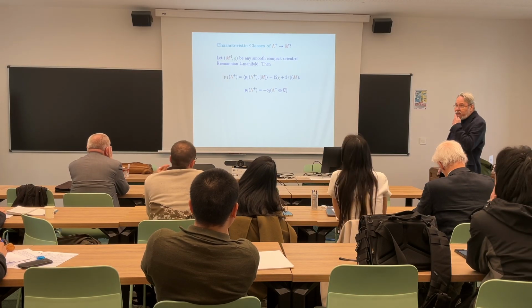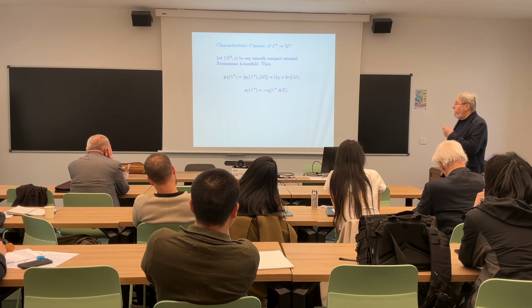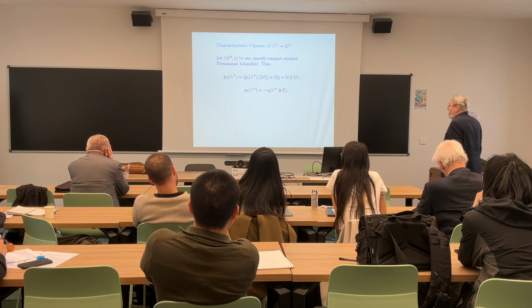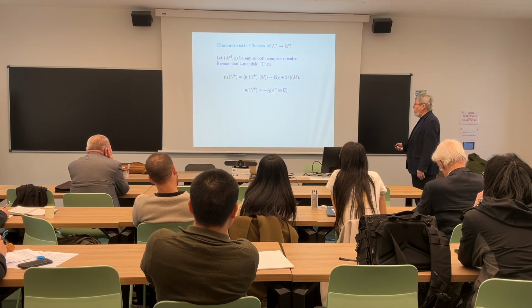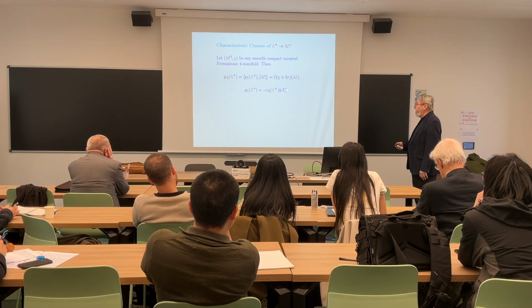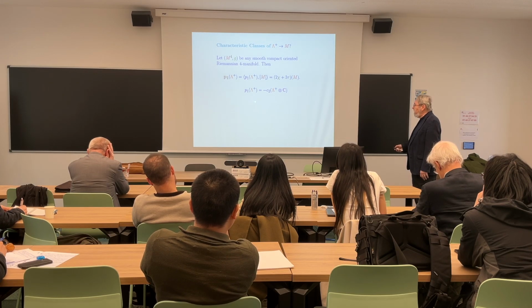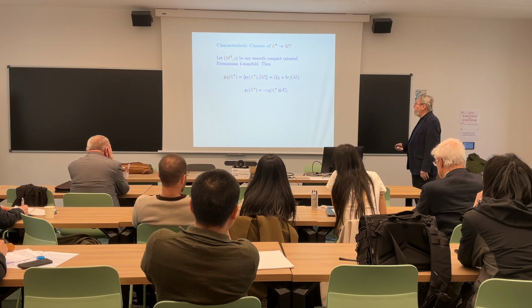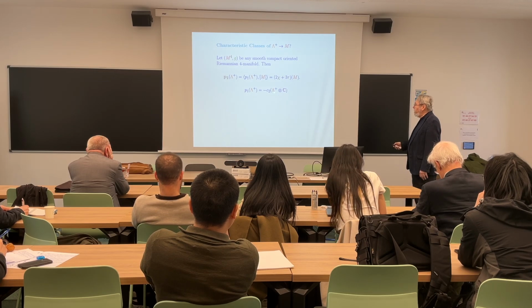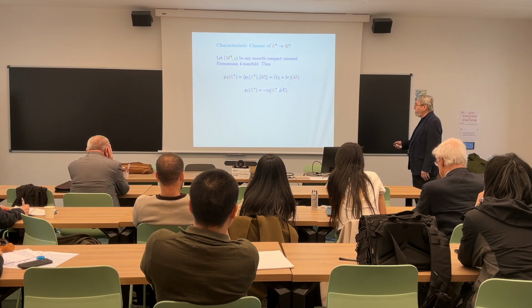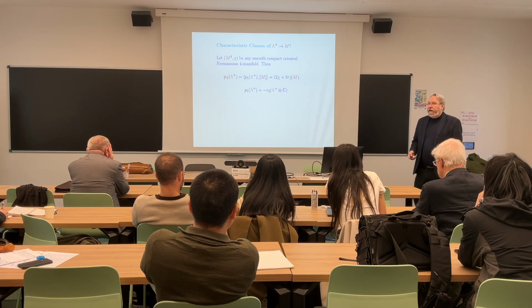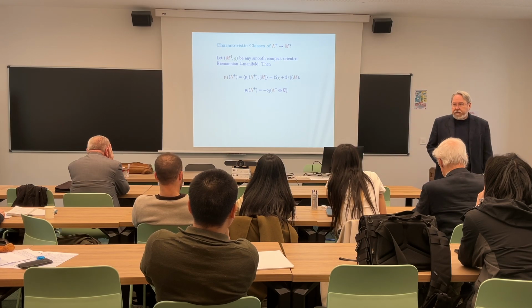If you've forgotten what the first Pontryagin class of a bundle is, this is an invariant of a real bundle, but it's related to the Chern classes of the complex bundle you get by complexifying the real bundle. So this is something of real rank 3, the fiber looks like R^3, and if you tensor it with C you get something that has fiber C^3, and then you could look at its second Chern class.